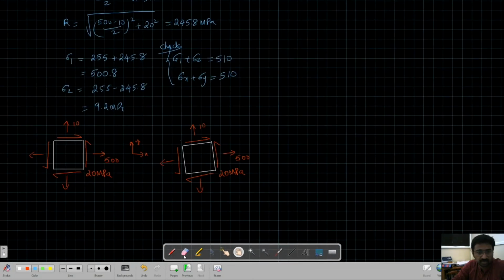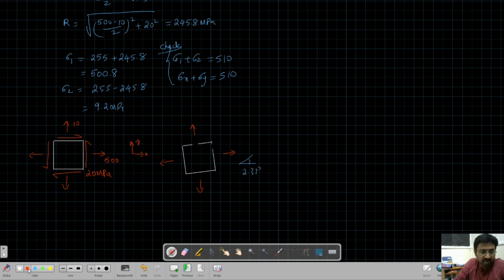So this will give me the principal plane. Principal plane means there will be no shear stress in those planes. So this angle of rotation is nothing but 2.33 degree.